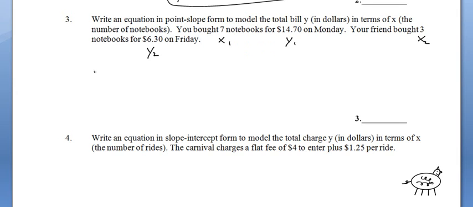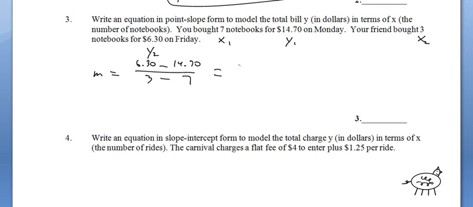Okay, it's really easy. So m equals y2, so 6.30 minus 14.70, over x2, so 3 minus 7.